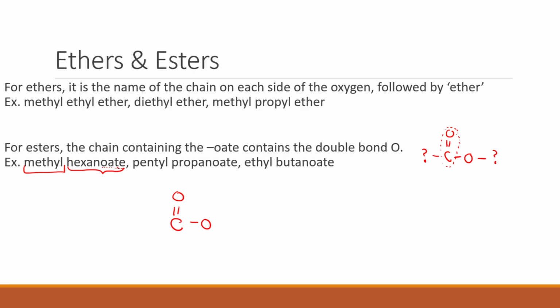Hexanoate, the fact that it's connected to the OATE means it's going to connect to the double bond O. So we've got 1, 2, 3, 4, 5, 6 carbons. The methyl means it's going to be a branch coming off of the other side, so we're going to put our single carbon branch there. Finishing our drawing with H's on every carbon to make sure that every carbon has 4 bonds.